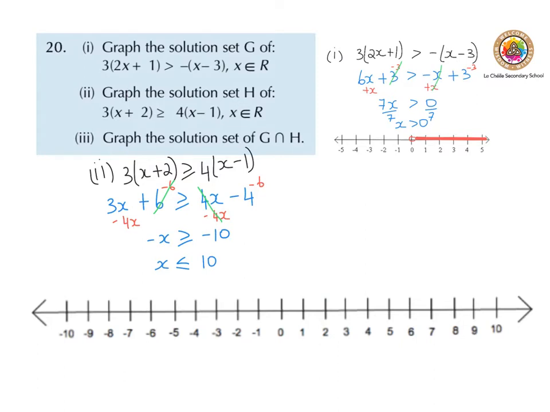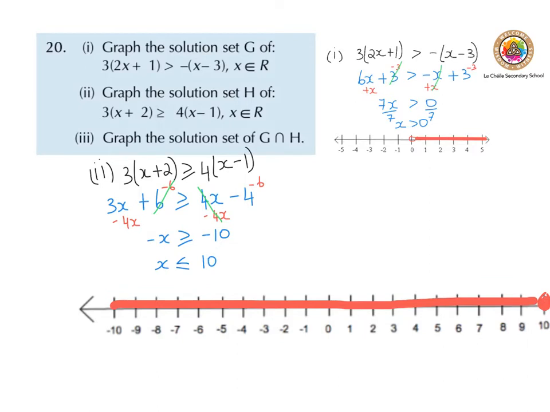Here's my number line. When I get to 10, it's less than or equal to, so I would be shading in that circle. Then again, as always, to mark it on the real number line, I put a heavy pen along there, and I do it right until the end, so I still continue it there.